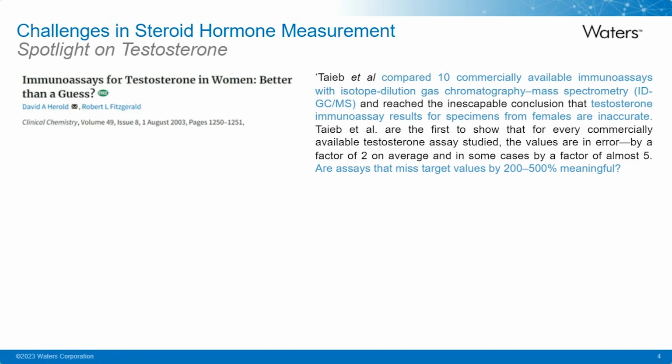This was based on method comparisons between immunoassay platforms and mass spectrometry, and later corroborated by others. It demonstrated that testosterone immunoassay results from females were inaccurate and sometimes missed the target values by 200 to 500%.